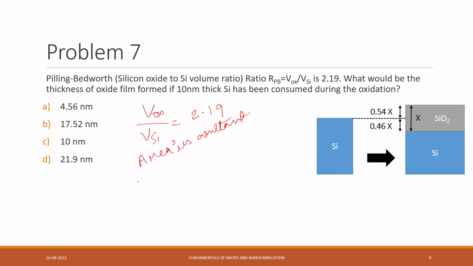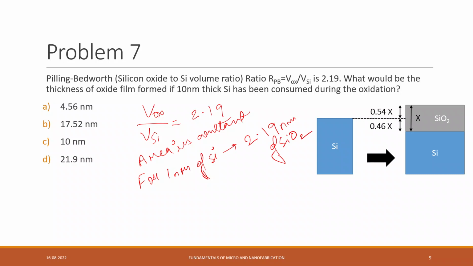For 1 nanometer of silicon consumed, we get 2.19 nanometer of silicon oxide. From this molar volume we can get this.